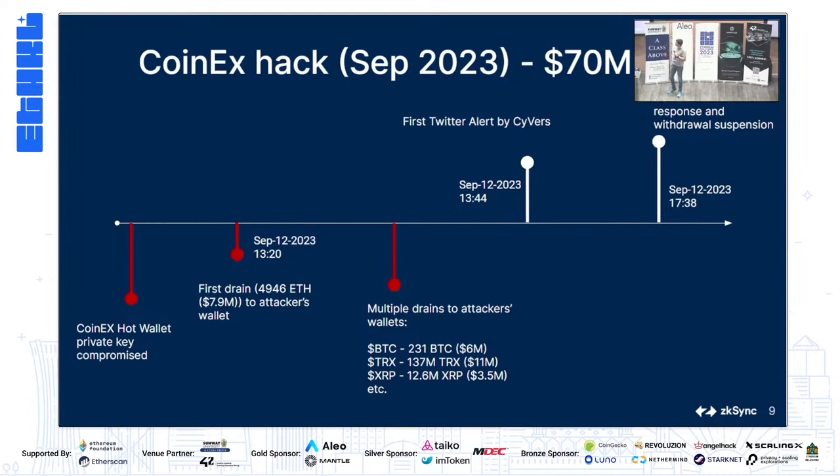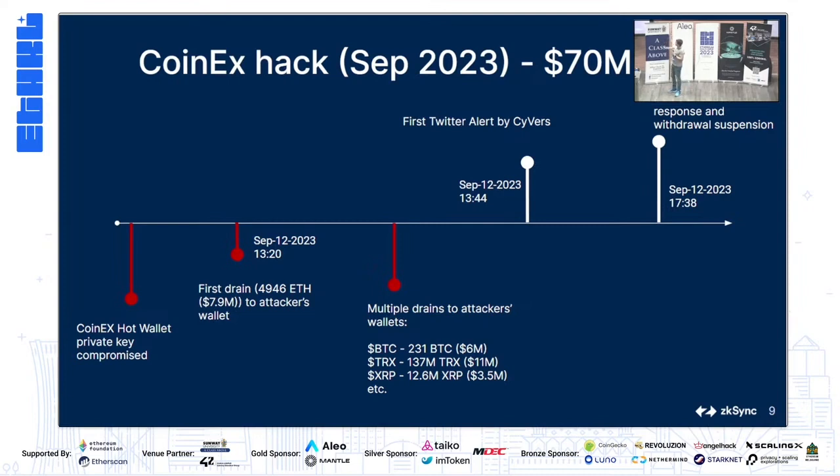After 24 minutes from the first drain, the crypto security company Cyvers tweeted an alert about these transactions and tagged the official CoinEx account.